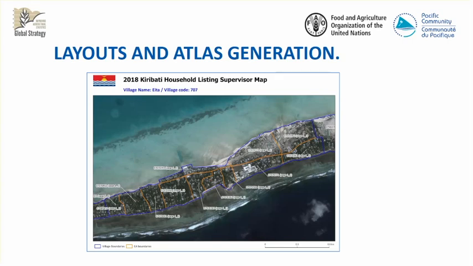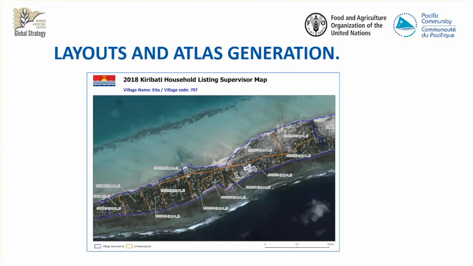Instead of setting an atlas, we display the EA boundaries, we label the EA boundaries, but we tell the atlas to go village by village, making the map at village level. And this will help enumerators and supervisors.